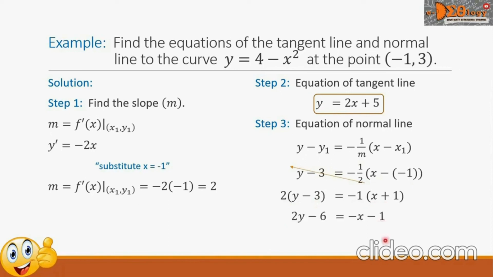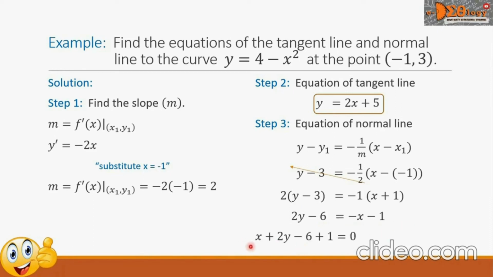Simplifying both sides, we have now 2y minus 6 equals negative x minus 1. Since we have here a negative x, let us transpose all terms of the right side going to the left. Of course, we know that the signs must be changed respectively.